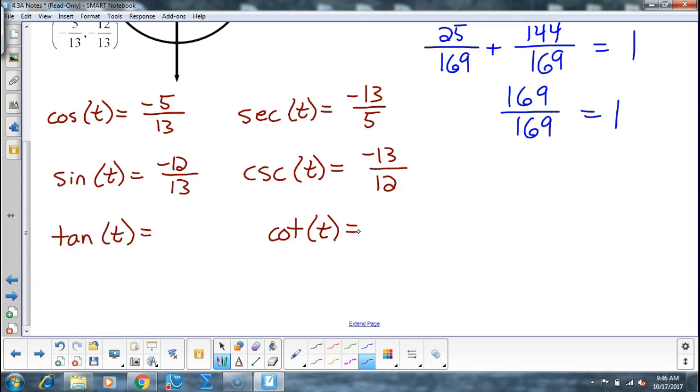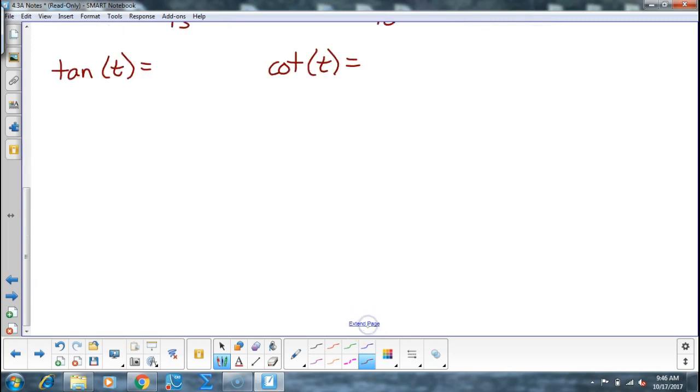So the tangent is going to be what? Y over x, correct? So that's going to be negative 12/13 divided by negative 5/13.